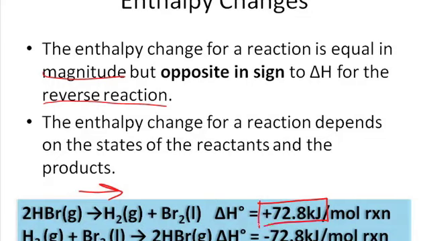But if we just reverse it, it's still the same size, but opposite in sign, which means it's exothermic. You're still going to get the same amount of energy going in or out, but it just depends on what direction the equation is moving.